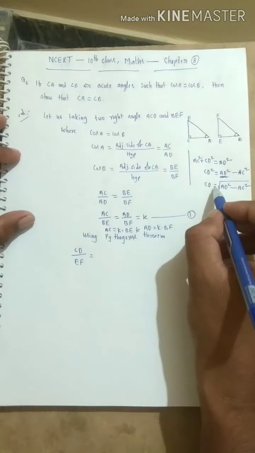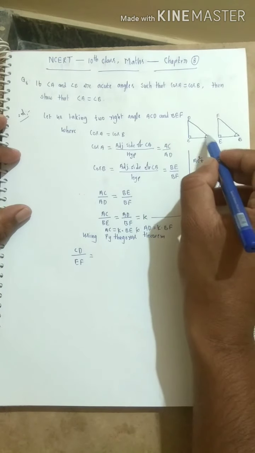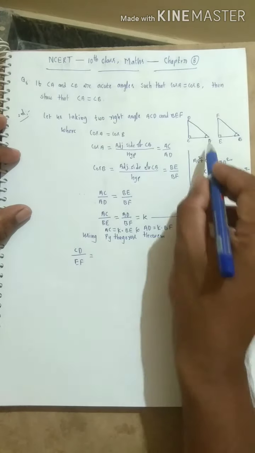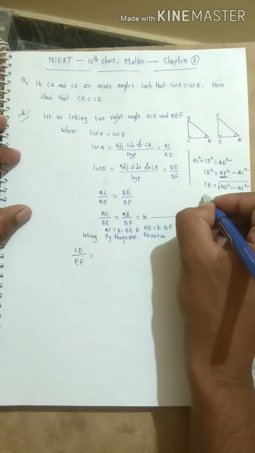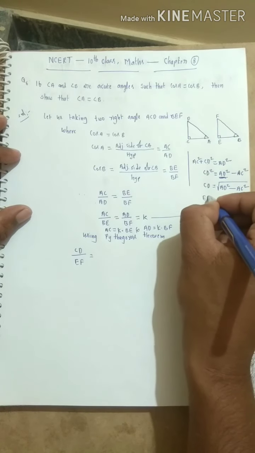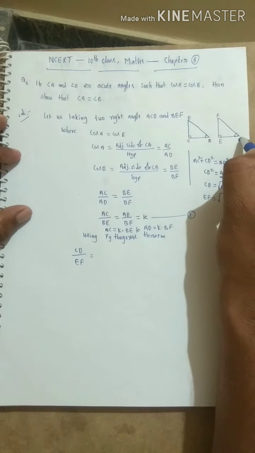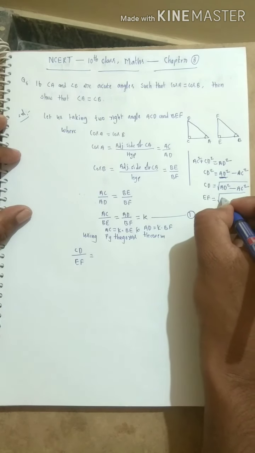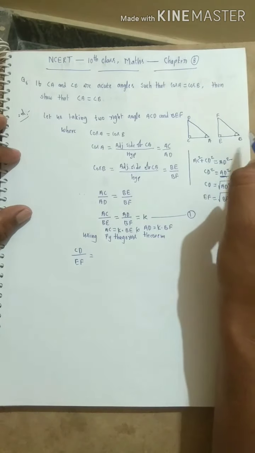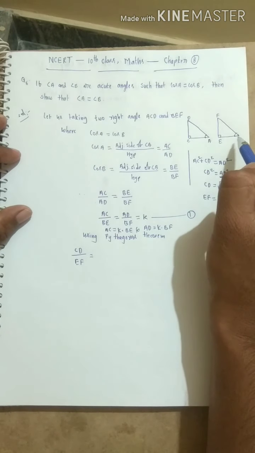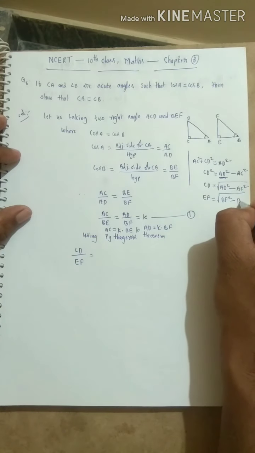CD is square root of hypotenuse square minus AC square. Similarly EF is also square root of hypotenuse square. Here hypotenuse is BF square minus the other side BE square.